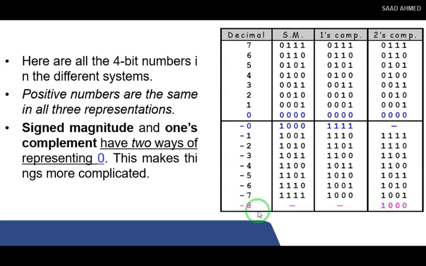So the range in a 4-bit signed number system will be from 7 positive to 8 negative. In an 8-bit number system it is going to be 127 positive to 128 negative, and if you go further, 16-bit, 32-bit, and so on, the overall range will increase.